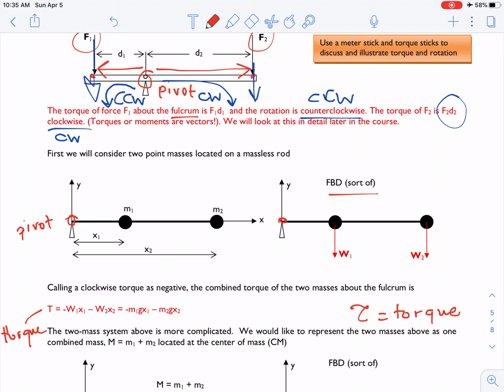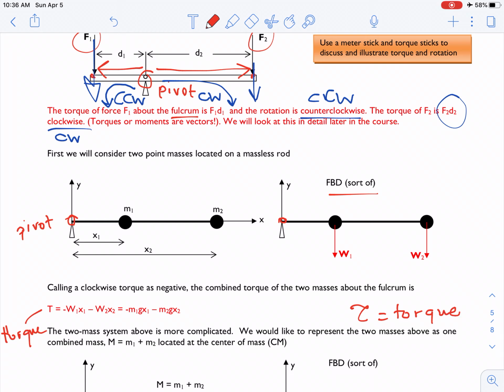But in the text, especially for the answers, T is used. So I'm going to give you a heads up whether it is tension or torque. But you can see that T is equal to W times X.